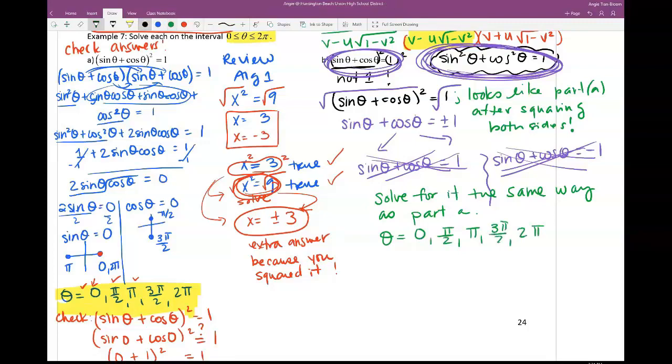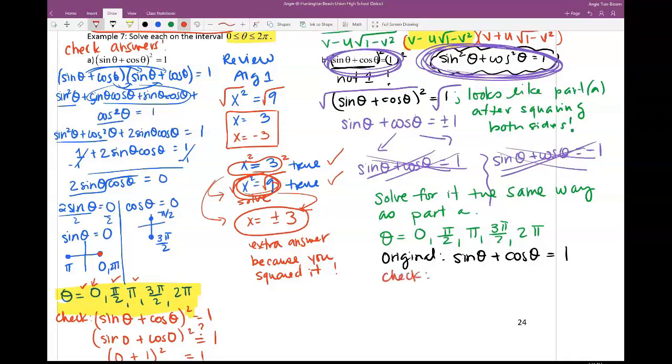But keep in mind your original equation, okay? The original equation was sine of theta plus cosine of theta equals 1. We squared both sides so that we can manipulate the equation to solve, but that's not the original. When you check, you need to go back to the original.